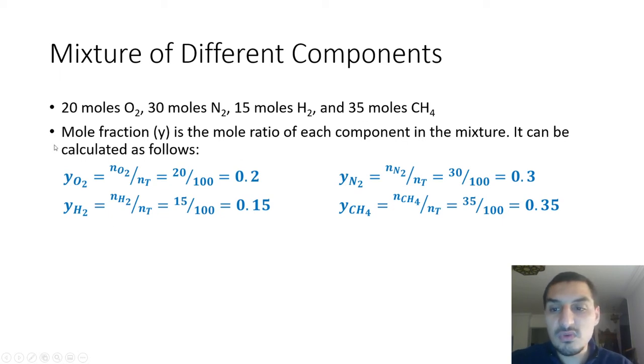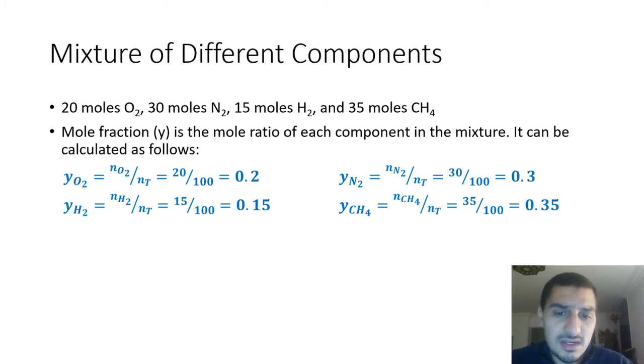So the mole fraction of a component, for instance y of O2, is the number of moles of oxygen divided by the total number of moles of the mixture, which is 0.2. The same for nitrogen is 30 divided by 100, which is 0.3, hydrogen 15 by 100, and methane is 35 by 100, which is 0.35.